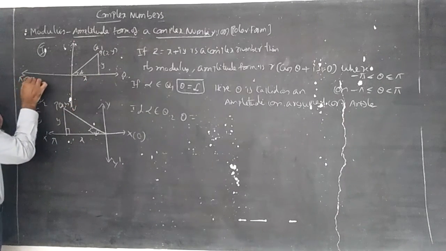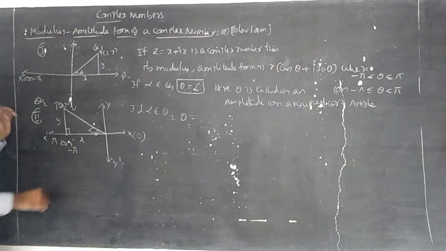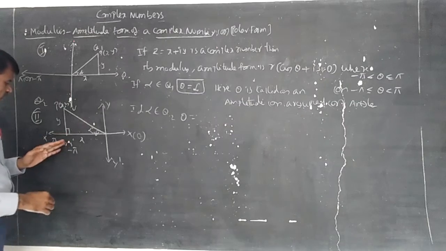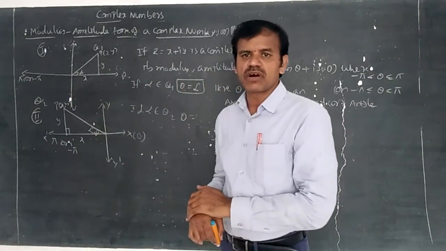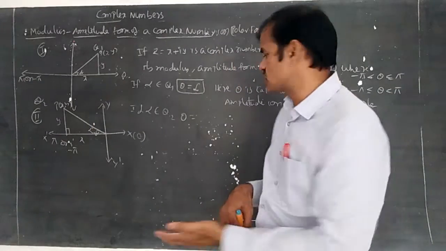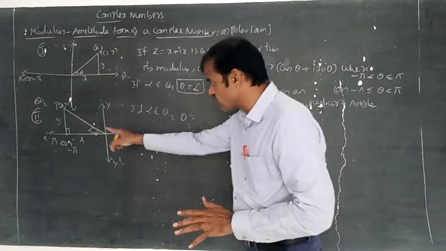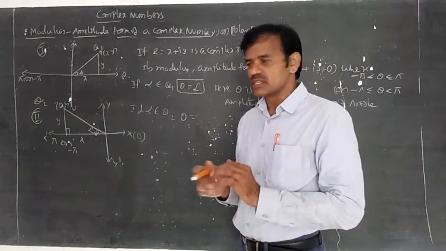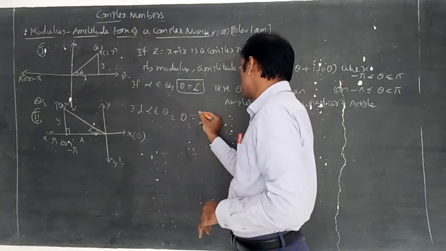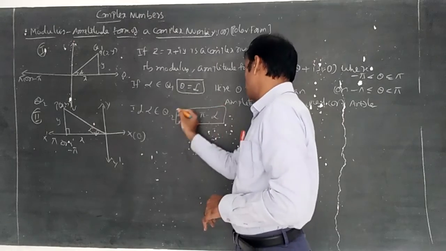That is why I am discussing pi or minus pi. Now in the second quadrant, according to the all-sin-tan-cos condition, it is 180 minus theta. Here I am mentioning alpha. By discussing one example you can understand easily. So theta is equal to pi minus alpha. This is the only point you can remember.